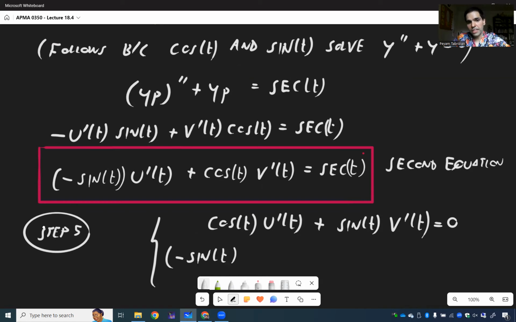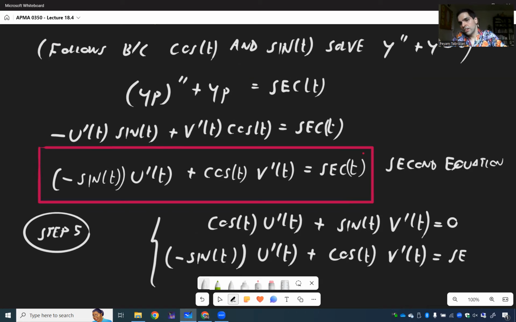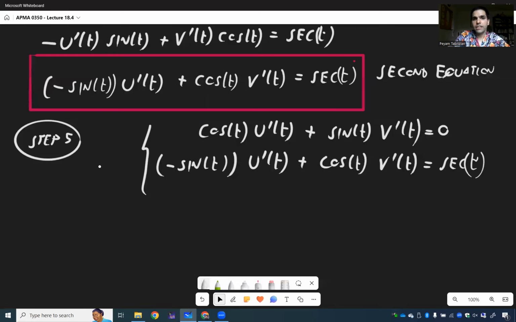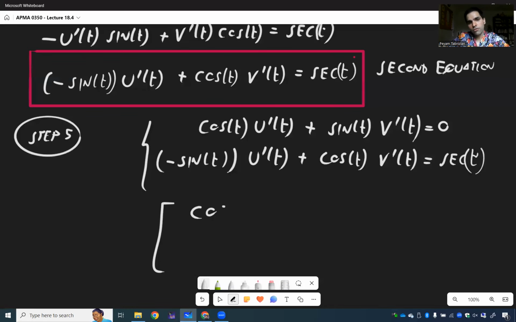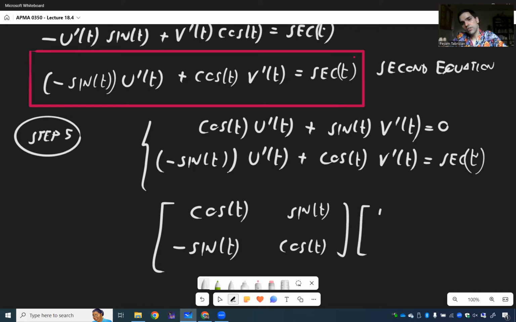And then once you plug it in, you get minus sine of t u prime of t plus cosine of t v prime of t equals our inhomogeneous term, secant of t. And if you want to write this in matrix form, it becomes just what we wanted. Cosine of t, minus sine of t, sine of t, cosine of t, and then u prime of t, v prime of t equals 0, secant of t.